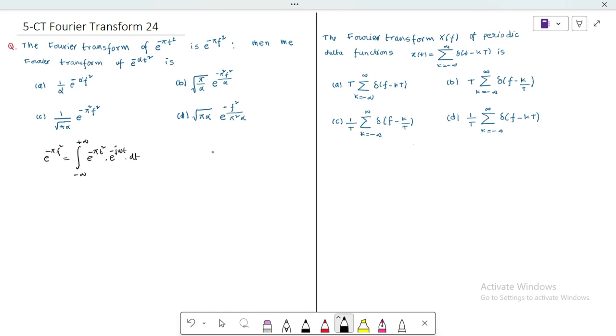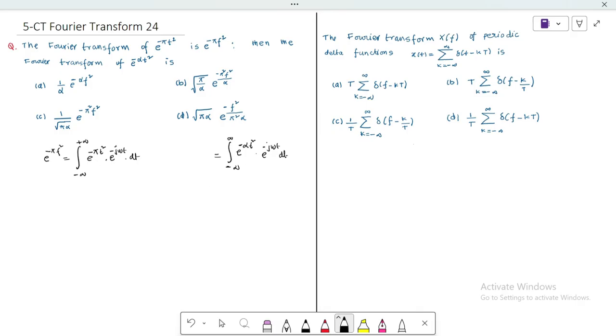Now what we should find is the integral from minus infinity to plus infinity of e power minus alpha t square into e power minus j omega t. This value we should find.